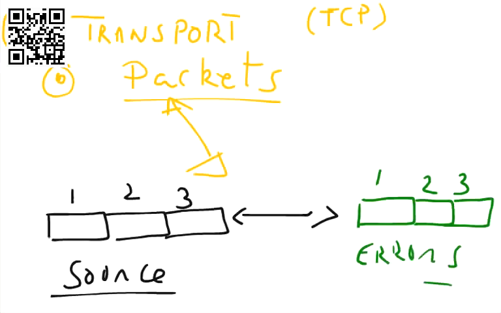So we have already discussed that the packets on the internet go from different routes, and when they are received, then they are sequenced again.